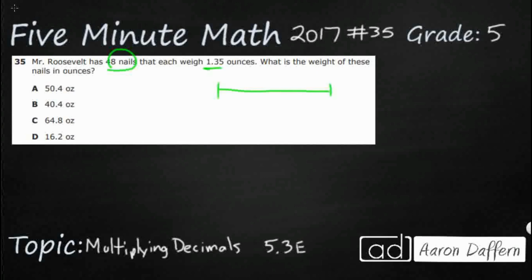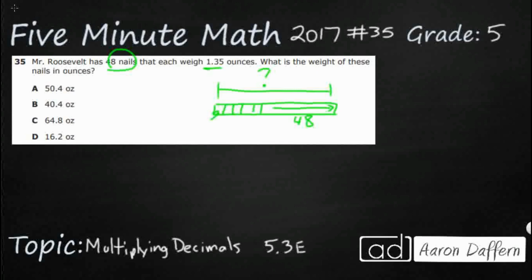If we want to, we can make a little bit of a strip diagram. We've got our total right up there, and we've got 48 nails. So I'm just going to start a few of these, and then I'm not going to finish, because that would take way too long. But let's pretend there are 48.